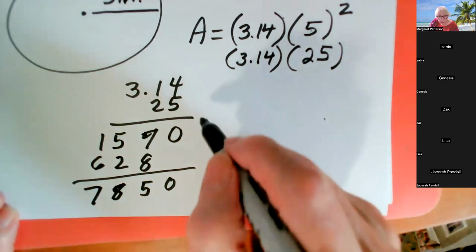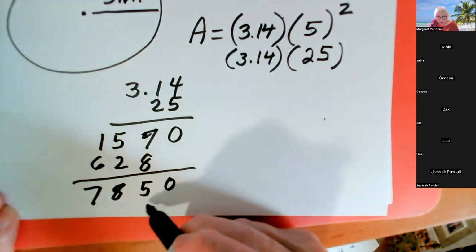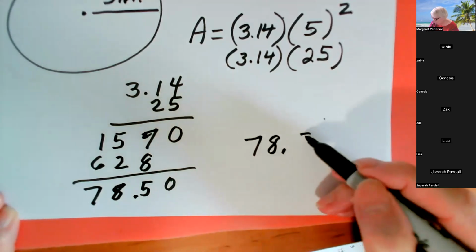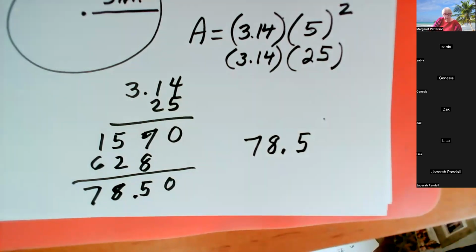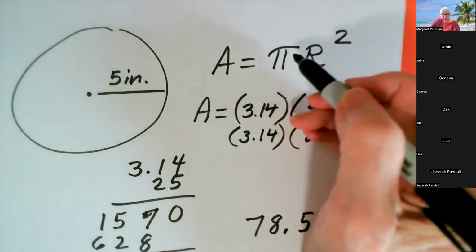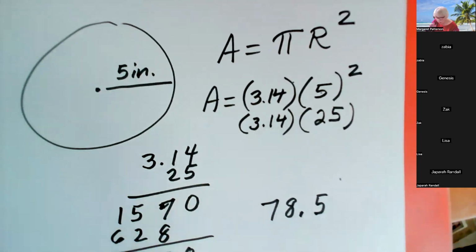I did this quickly, but the answer is 78.5. So the formula for area is pi r squared, and if you don't know that formula, that's what you need to write down so you have it handy.